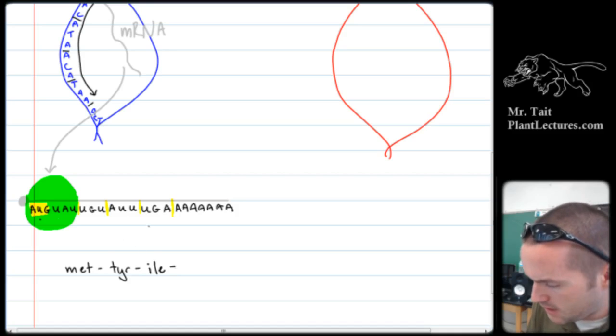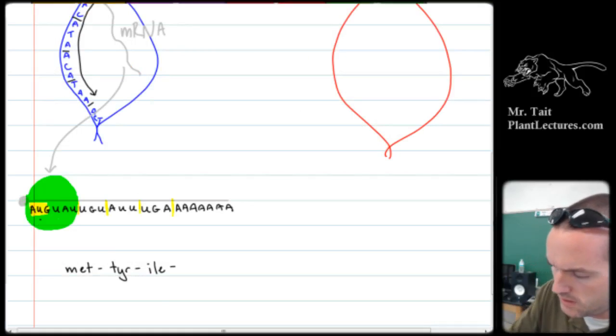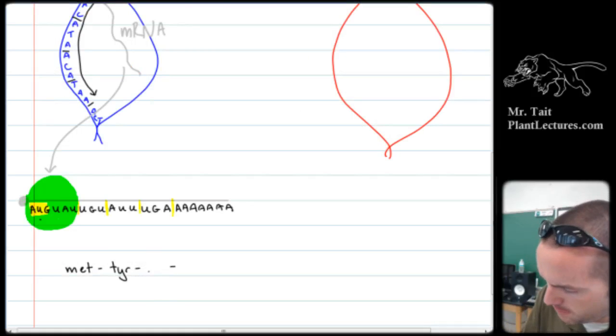Okay. Then UG. Wait, did I skip one? 1, 2, 3. Which one did I skip? AUG, did I do UAU? UAU, tyrosine. Oh, I skipped UGU. What's UGU? UGU is cysteine. So there's a cysteine in here. And then this was isoleucine.